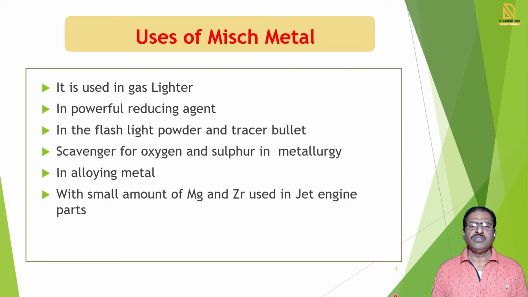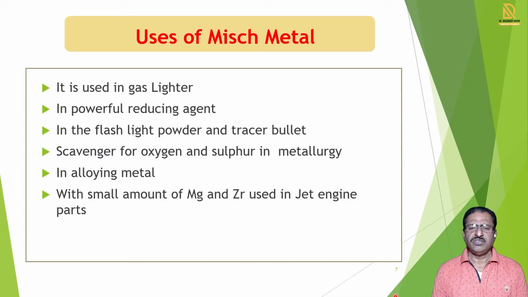In that, the reducing process is necessary because it acts as a reducing agent. Then such type of mixed metal is used in flashlight powder and tracer bullets. Such flashlight powder is used for different purposes, or at night where there is no electricity available.